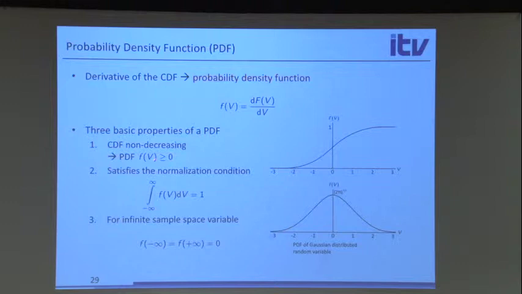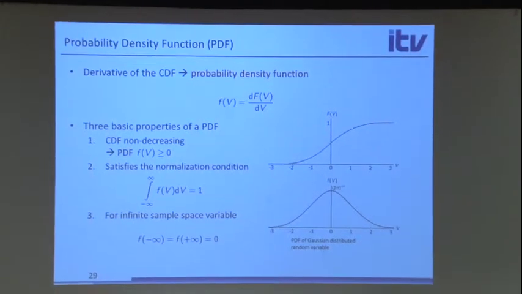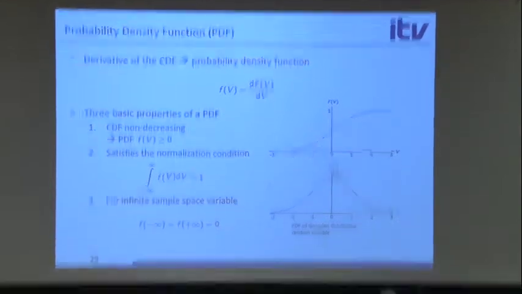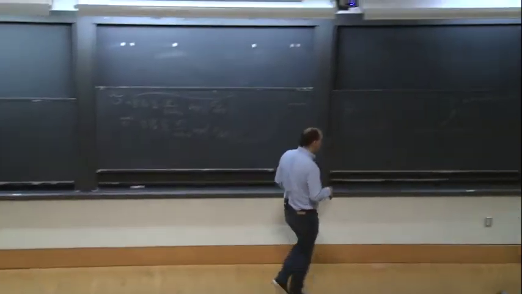And then you can also show easily that it satisfies a normalization condition, which is that the area under this curve is equal to 1. This can be easily shown from the definition.